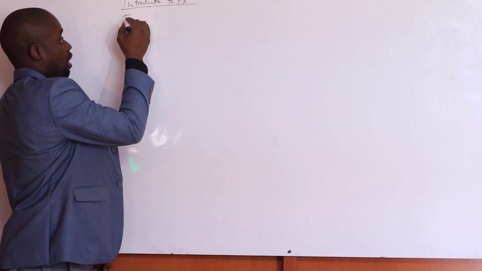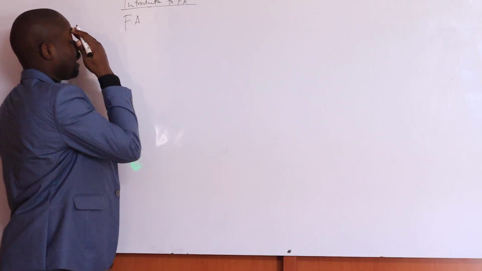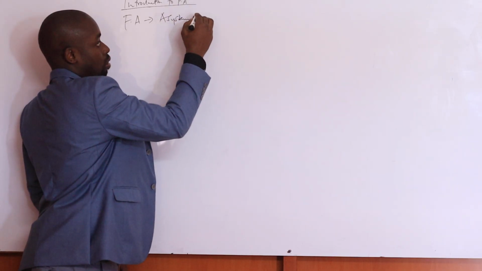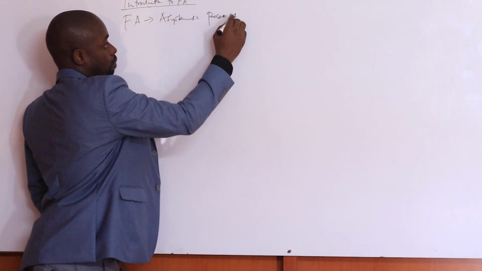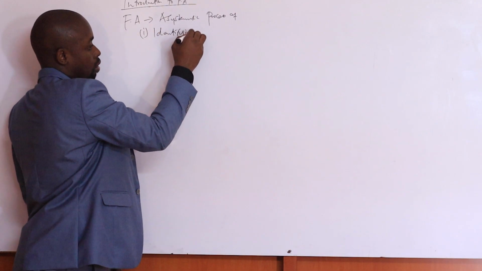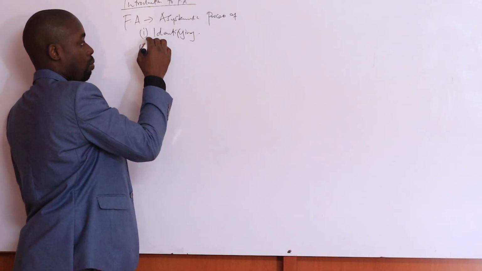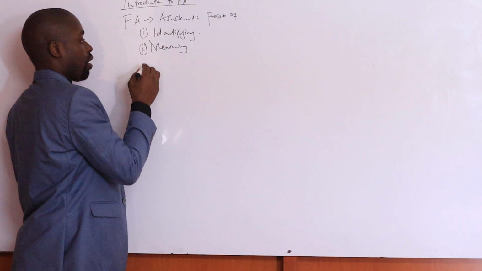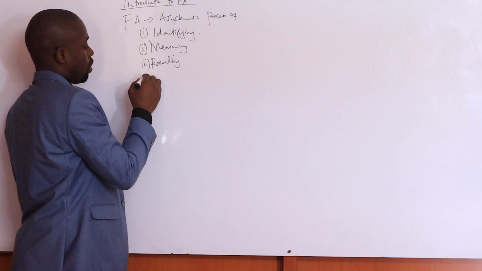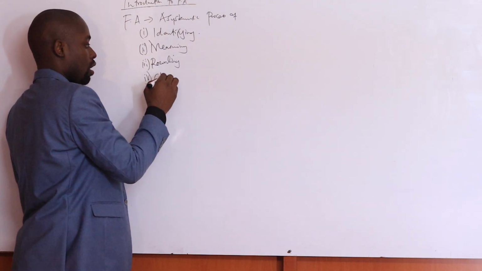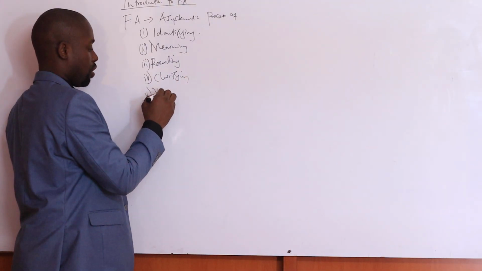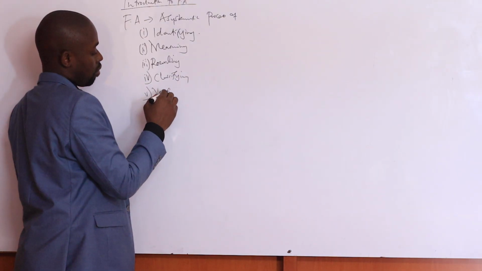So financial accounting is defined as a systematic process of one, identifying, number two, measuring, 3, recording, 4, classifying, 5, we have verifying.